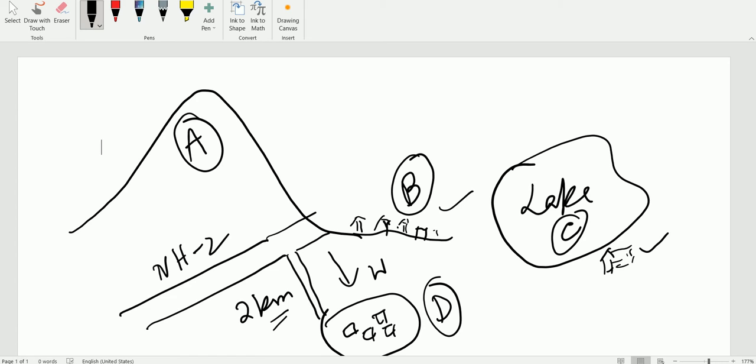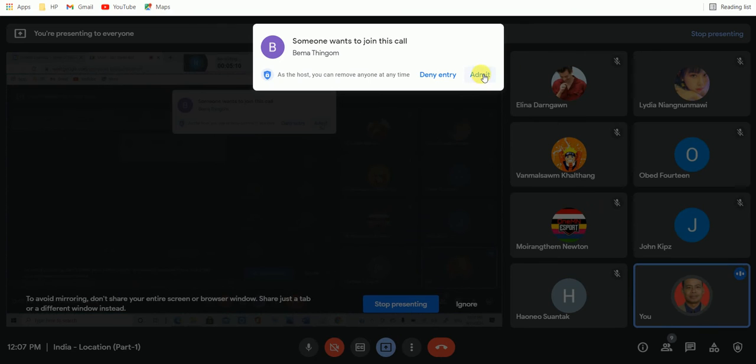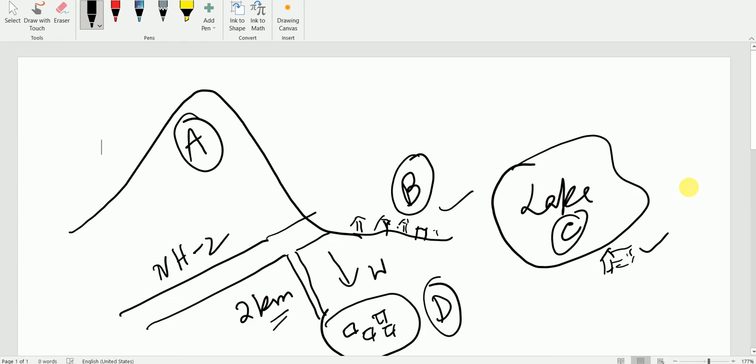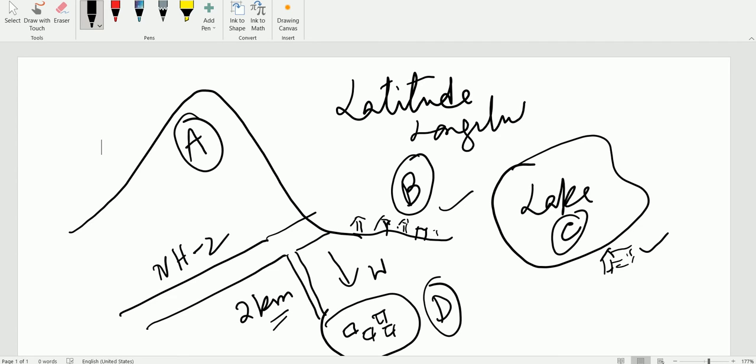Or in geography, things are located, maybe a house or an object or a village or a city. We may also give location with reference to geometrical position. Here geometrical position means these lines of latitude and longitude.